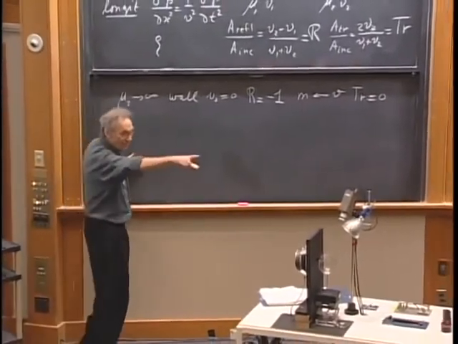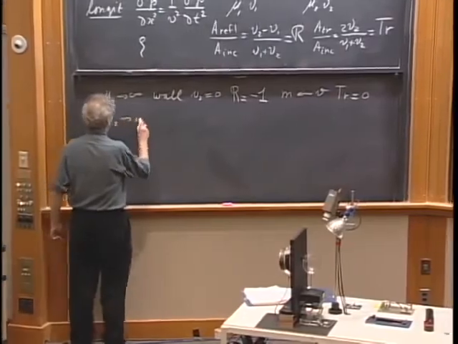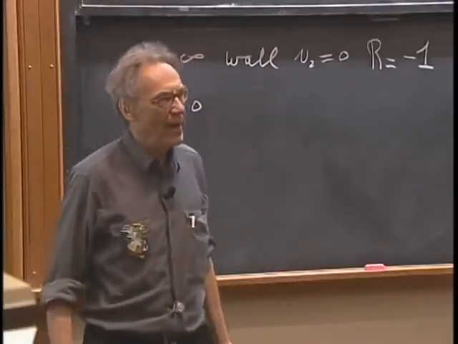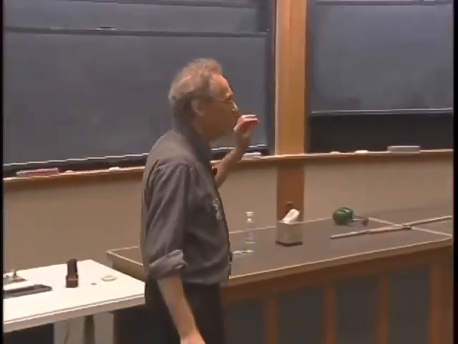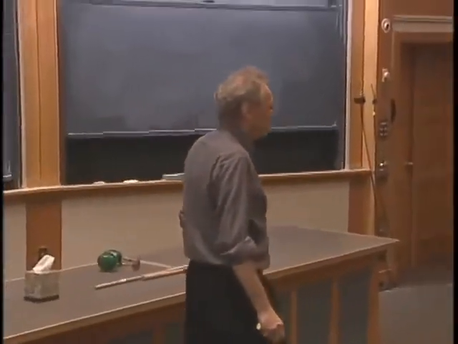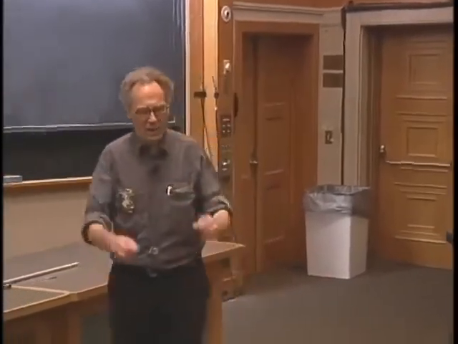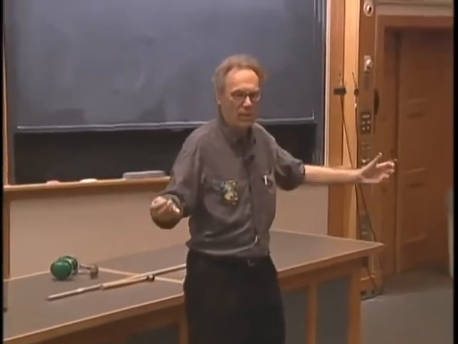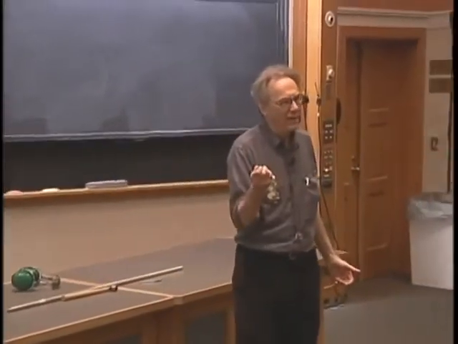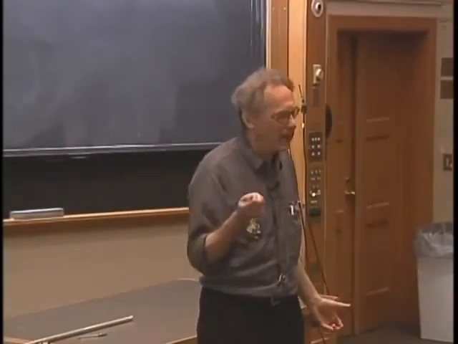But then, and you guessed it, I said, let's suppose mu2 becomes 0. So I attached that string to nothing, to empty space. Is that practical? Yes, I can do it. I can take a nickel wire, and I have here a magnetic field very strong, and I can pull on that nickel wire, and the end of the nickel wire ends up in nothing, in empty space, but I keep the tension on.